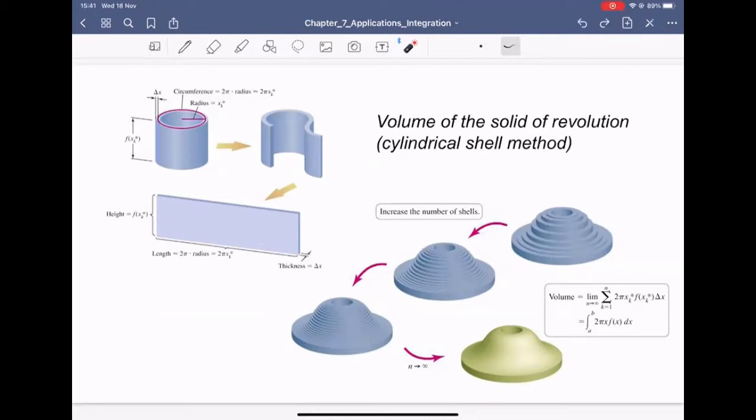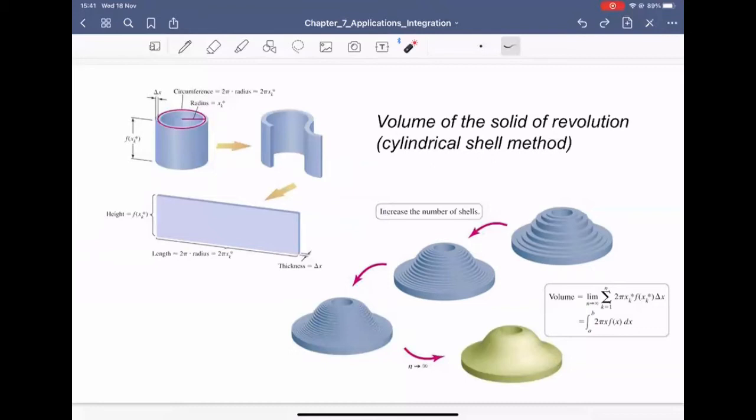Another way is to use the shell method. The shell method means you cut parallel to the axis of rotation. That means you are going to get cylinders with different radii. And once you get all the cylinders with different radii, you group them together, and that is going to be the solid, right?